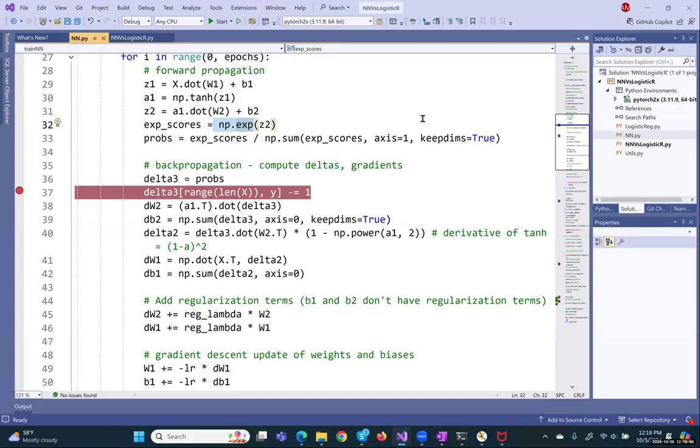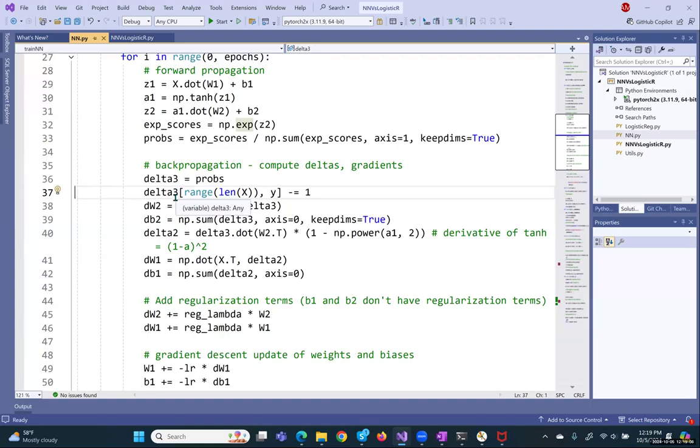As you get better at programming with Python in Visual Studio, suppose I give you a code and it's not making any sense. You wanted to understand what this delta 3 is doing. Put a breakpoint in this gray area. If you click, it will put a red dot, and that is called the breakpoint.